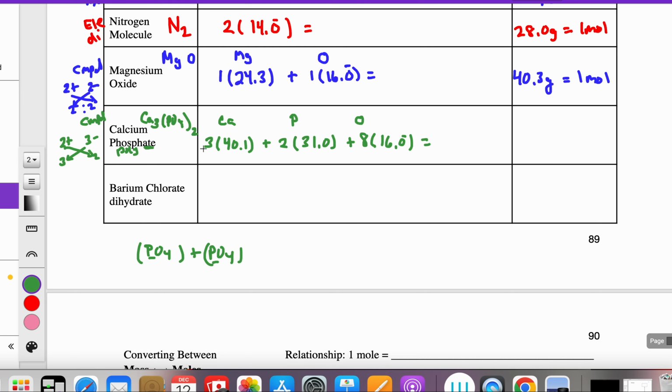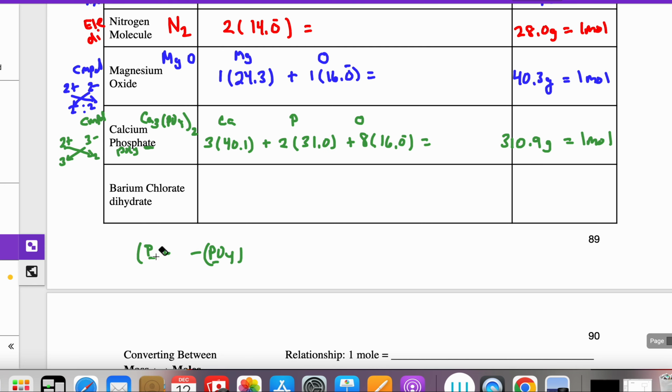So in my calculator, 3 times 40.1 plus 2 times 31.0 plus 8 times 16.0, hit your equal sign. So the GFM, compared to the other ones, it's pretty big. So it's 310.9 grams equals 1 mole.